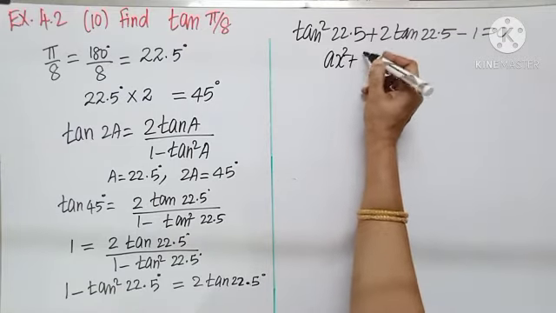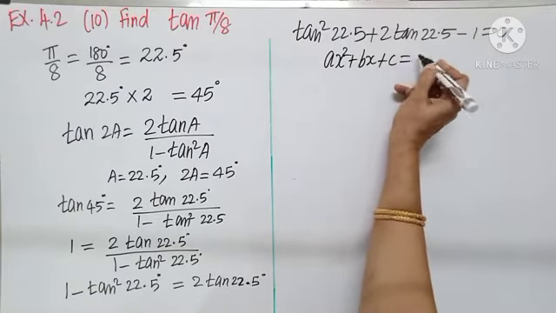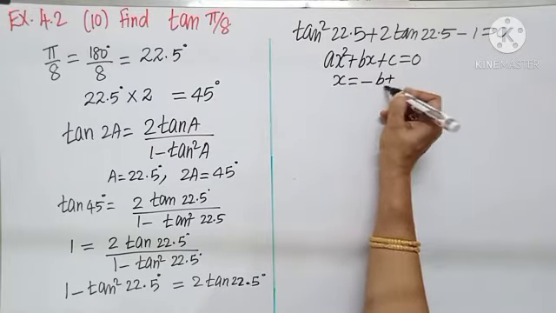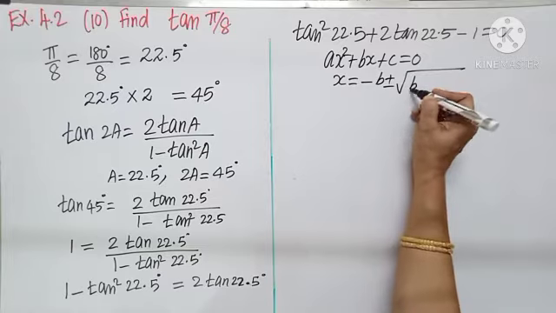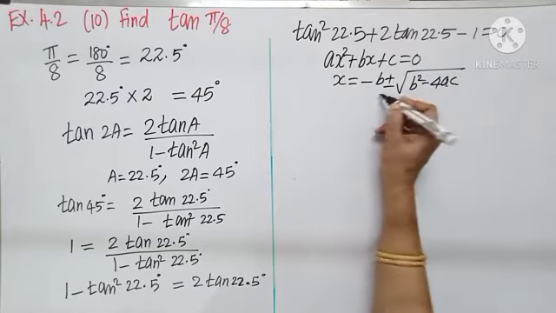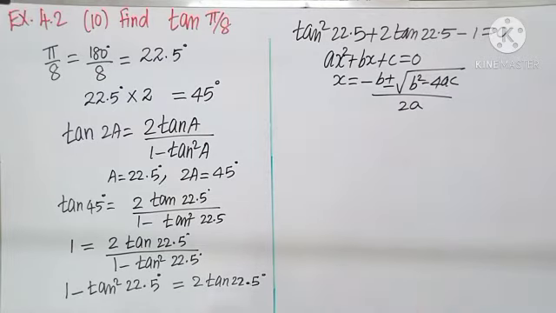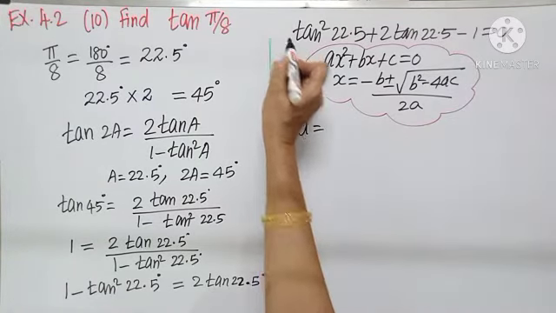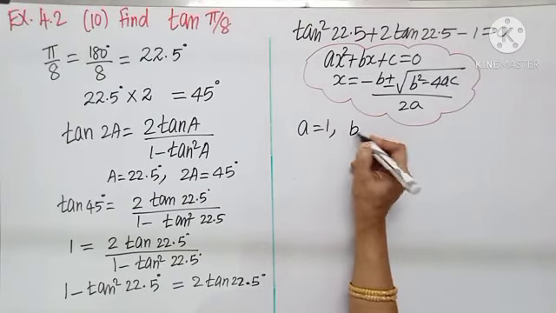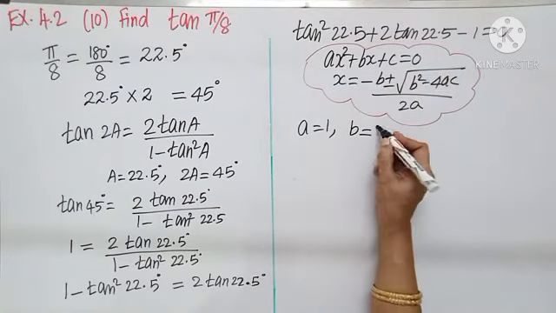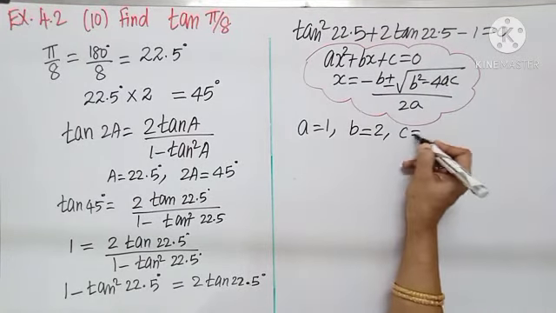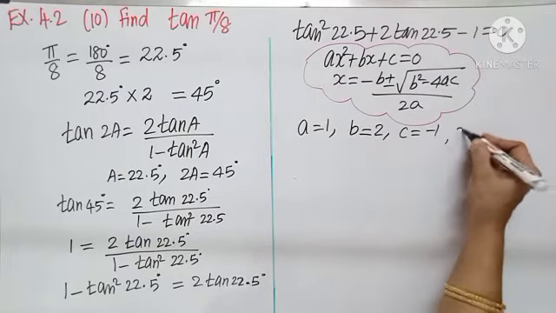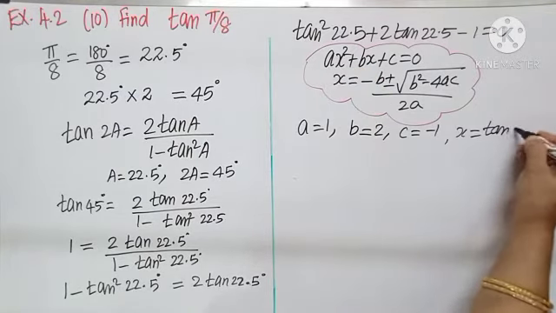Remember the formula ax square plus bx plus c equals 0. X is equal to minus b plus or minus root of b square minus 4ac by 2a. Here a equals 1, b equals 2, c equals minus 1. And in the place of x, I have tan 22.5.